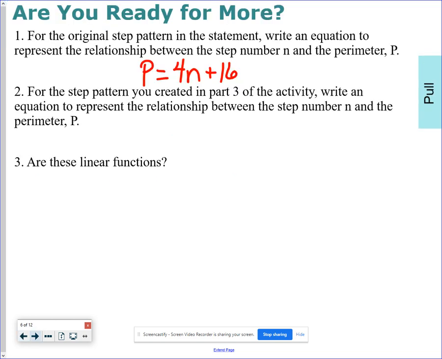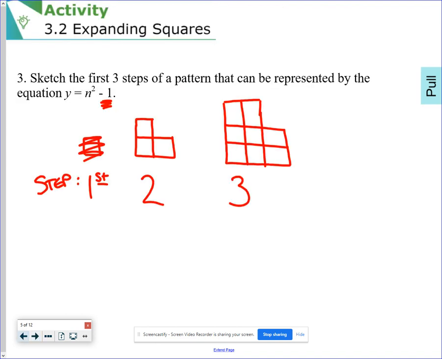Let's find out what the perimeter is there. All right, so let's take a look at this. Step 1 actually had a perimeter of 0 because there wasn't anything there. Step 2, now remember, I don't care about the inside part. I'm just counting the outside part. So I've got 2, 4, 5, 6, 7, 8.